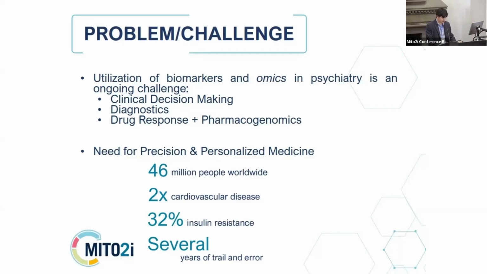But the majority of psychiatric disorders are common but very, very complex. And this has made the identification of biomarkers, even at the omics level in large samples, an ongoing challenge for the field.